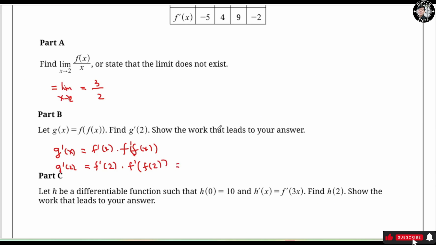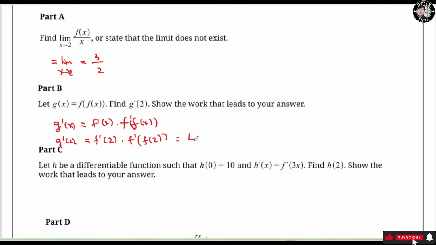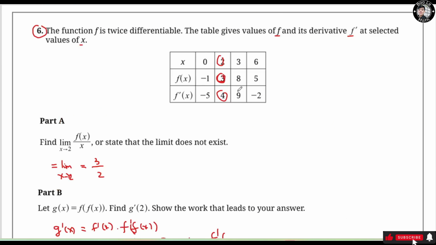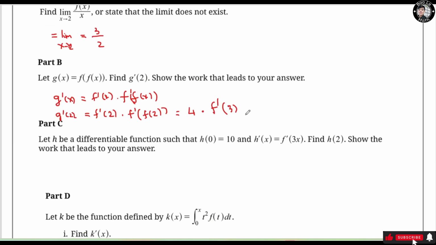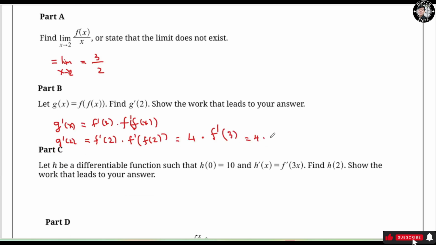So f prime of 2 is 4 right here, times f prime of f of 2. f of 2 equals 3. So it's going to be 4 times f prime of 3, which is 9. So the answer must be 36.